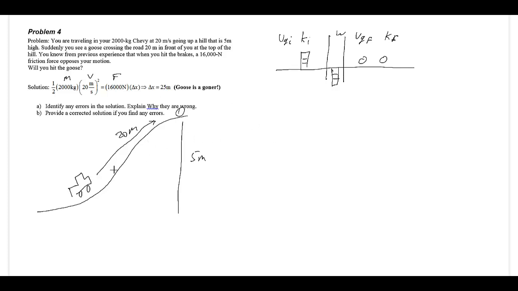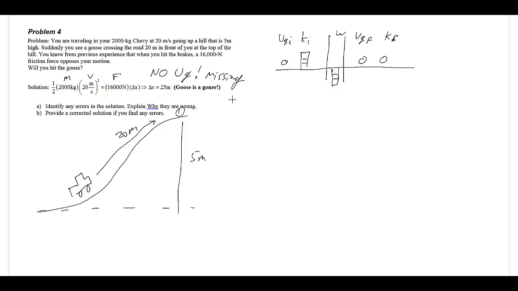The fact that he's going up a hill means that the Earth is also causing some change in energy, either by doing work or by simply including it in the bar chart if he starts from the bottom of the hill. So that is the first mistake. The first mistake is that there's no UG anywhere, right? Or UG is missing. That is definitely one incorrect thing.